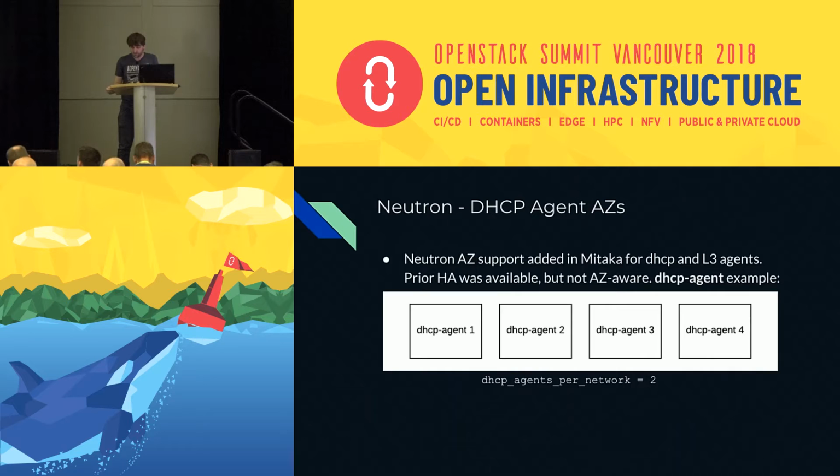So the next one here is Neutron. AZ support in Neutron exists for DHCP and L3 agents. Prior to this, there was HA, but it wasn't AZ aware.